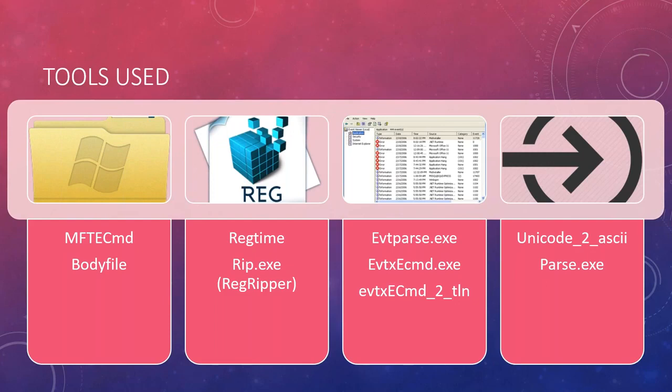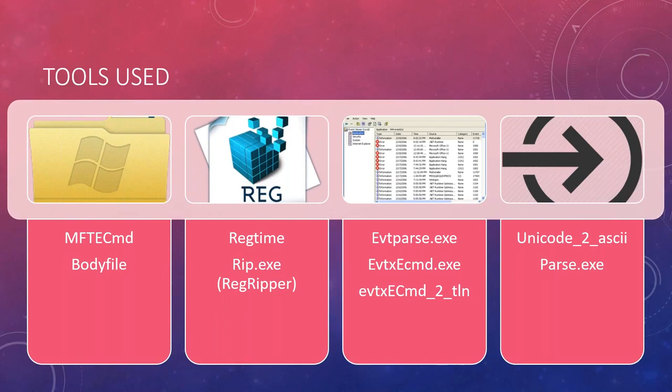So that I can use Harlan's parse.exe. What parse.exe does is, as I mentioned before, the TLN format has an epoch timestamp. Well, as an examiner, that's not very intuitive to look at, right? Maybe we can tell by the first 3 or 4 digits in that epoch code what year it is, but converting it manually in my head is just not going to happen.